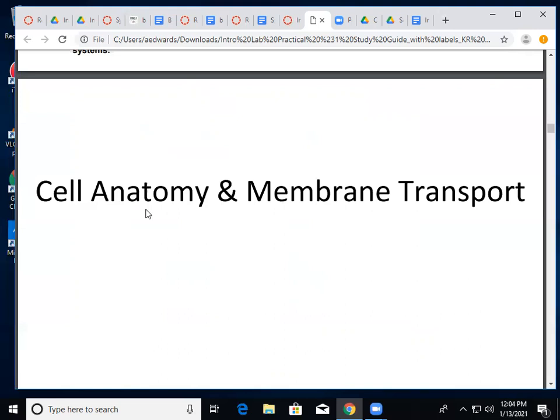Organ systems are made up of organs. So that's the organ level. Organs are made up of tissues, so we're down to the tissue level. Tissues are made up of different cells, so we're down to the cellular level. Cells are made up of different molecules, and molecules are made up of atoms. And atoms and molecules are at the what level? Chemical level.